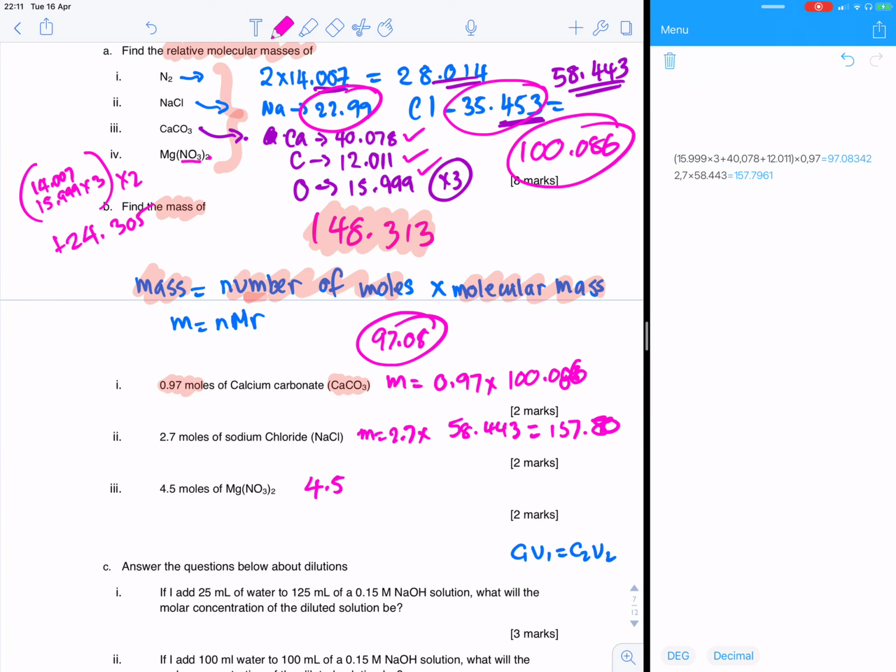Then 4.5 moles. I think we've already worked that one out. It's 145, and that's one with 148. We're just going to multiply that by 148.313.